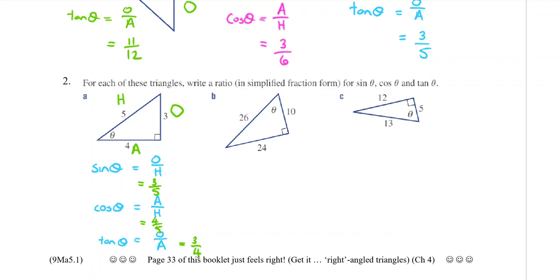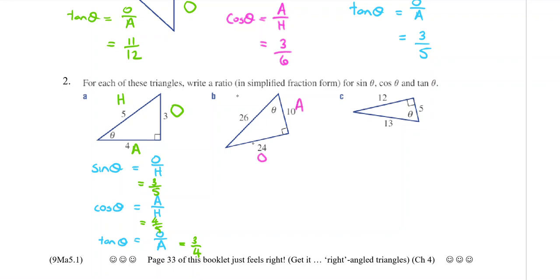Do you want to do sine, cos, tan again? Or the numbers again? I'll label the triangle for you first though. Or someone else should have a go. Alright, what's the 10 called? The A. What's the 24?